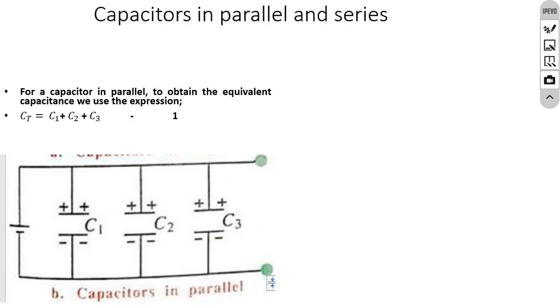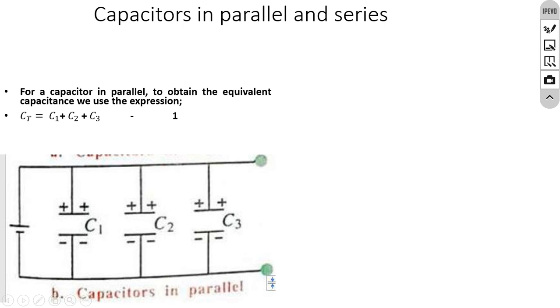And assuming you have capacitors as arranged in this figure, 3 of them, then you use equation 1. Assuming they are 2, then we will take off the last value of capacitance, and then we use Ct equals to C1 plus C2. Assuming they were up to 4 being arranged in parallel as shown, then we will use C1 plus C2 plus C3 plus C4 as well.